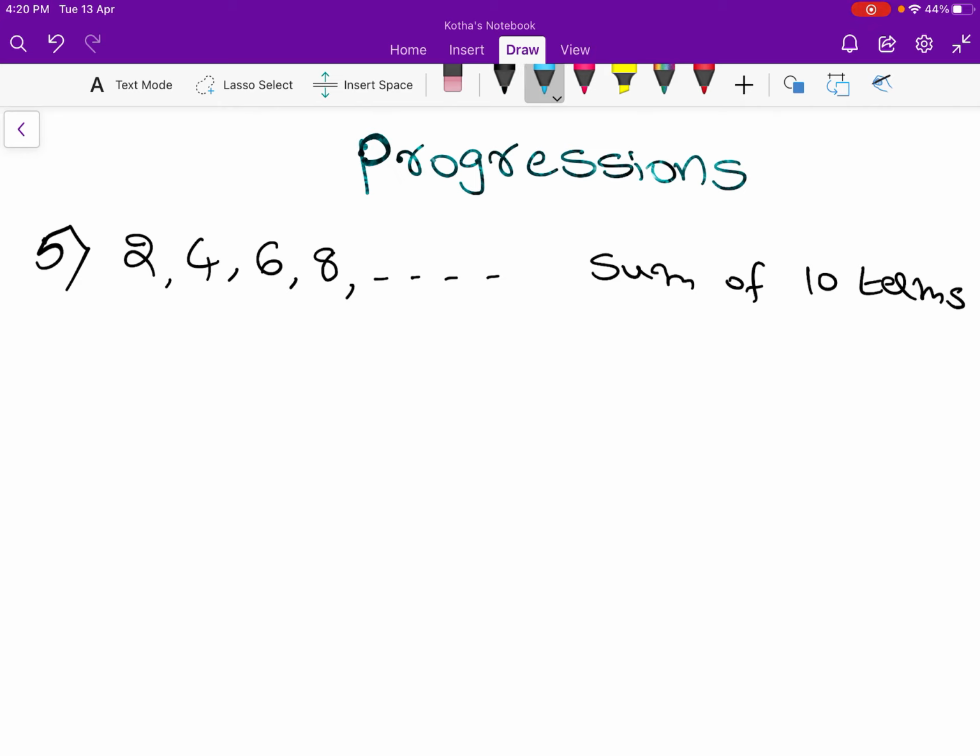So the formula for finding the sum of n terms is Sn equals n by 2 into (2a plus (n minus 1) into d). This is the formula to find the sum of n terms.